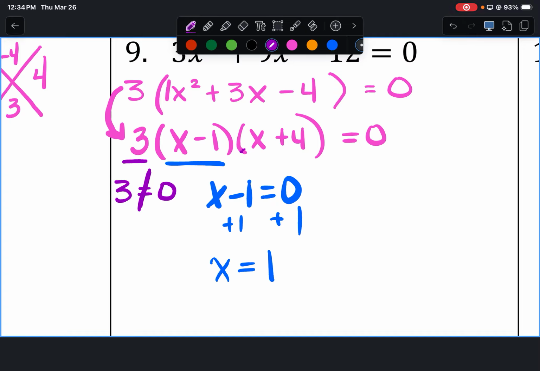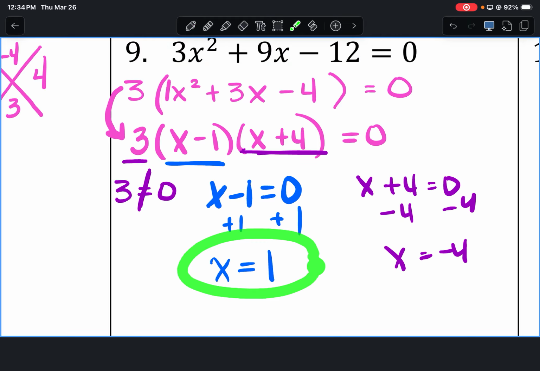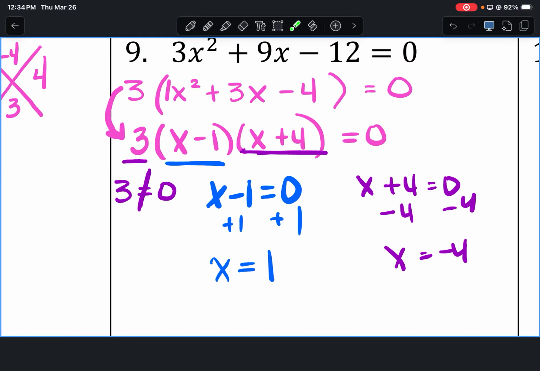So, is there a greatest common factor here? Okay. What does that leave us with? Now, inside of there, we have a trinomial that we could use the shortcut on. So, let's figure it out.